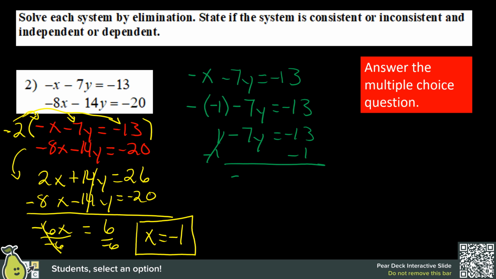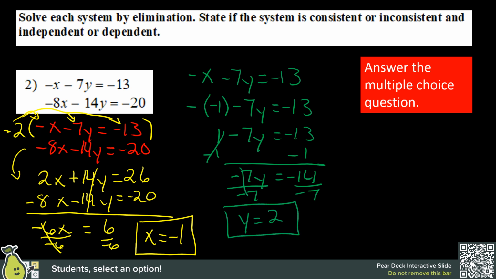So we get negative 7y equals negative 14. Divide both sides by negative 7. I get y equals 2. So our solution here would be negative 1, 2. We have an answer, so it'll be consistent. It'll also be, because we have one answer, independent.